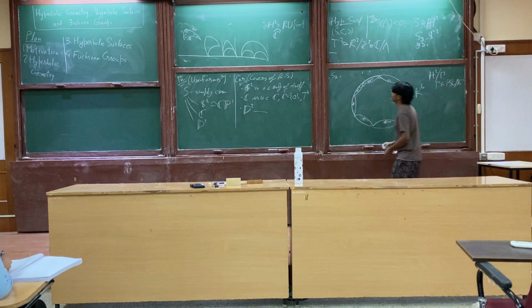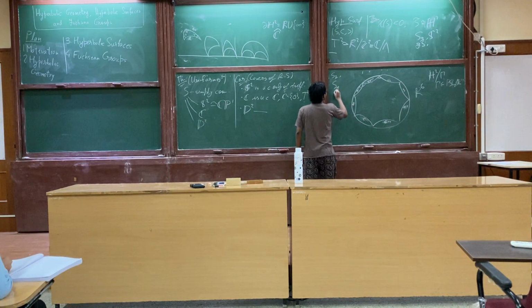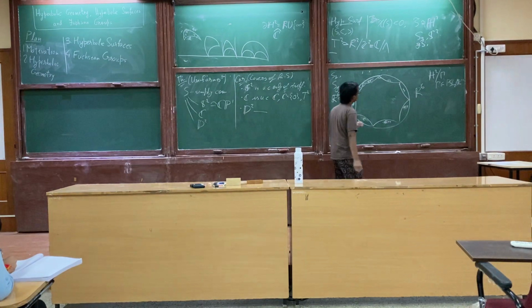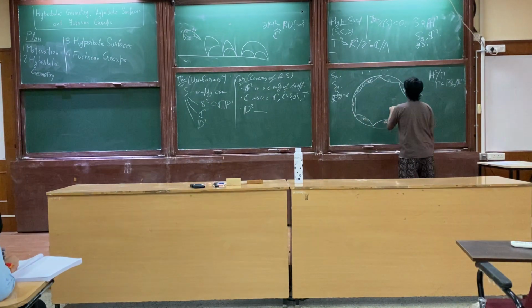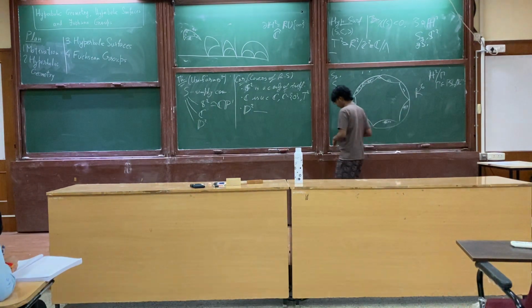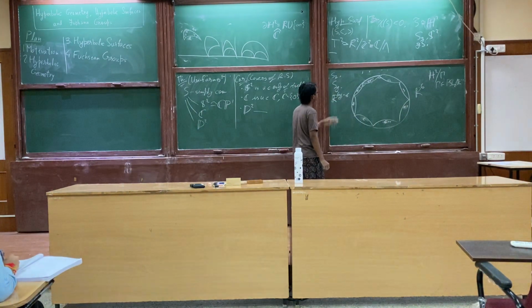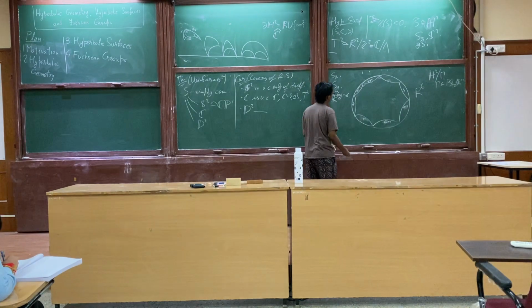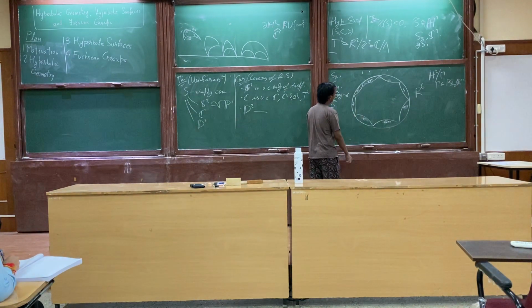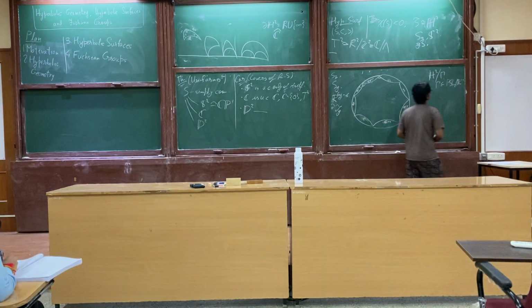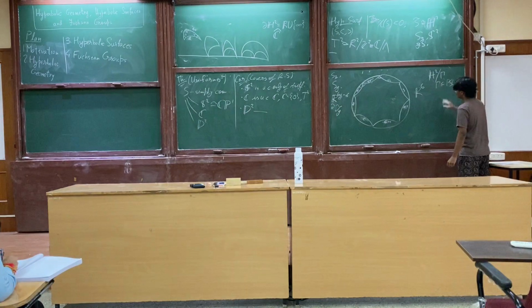And in general, for S_g, there is R to the 6g minus 6 worth of ways of placing 4g-gons in the hyperbolic plane or hyperbolic disk to construct S_g, the genus g Riemann surface, because this is actually a visual proof that this is the Teichmüller space of genus g. But I won't define what that is. But yeah, so this is it.